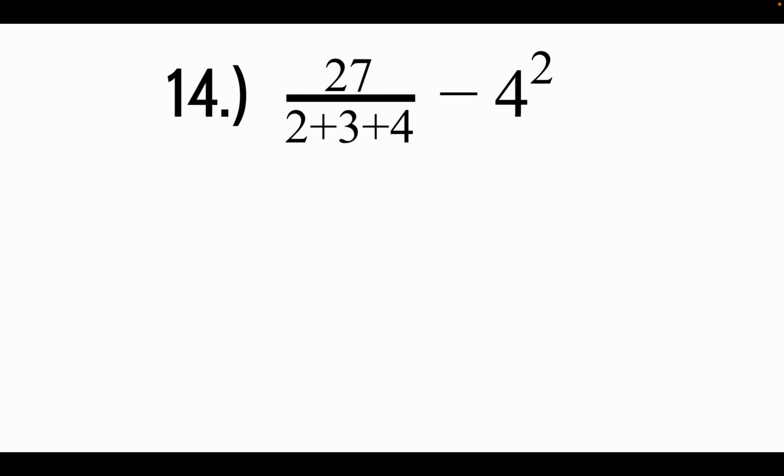Okay, last problem. So remember, first thing we want to do is that grouping. So big fraction bar is technically a grouping symbol. So what we're going to do is we're going to do our grouping symbol first.